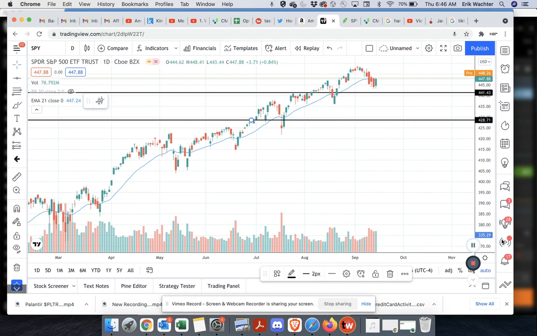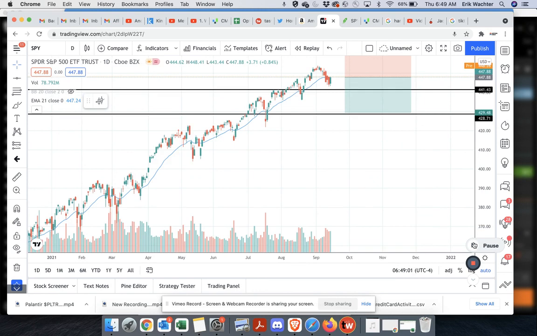Real quick, I just drew this, so it's actually a 4% move. We would start to lose on a 4% move. I'm sure there are different databases that can go back and see how many times a 4% move happened in the S&P 500, but my guess is very few times.